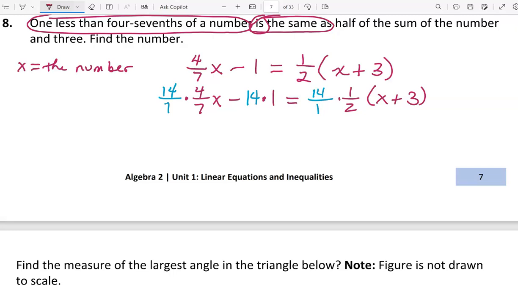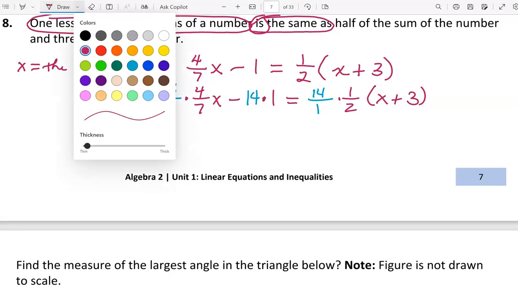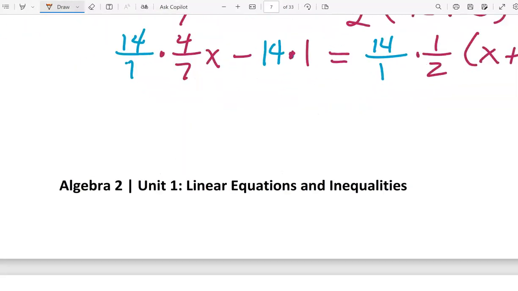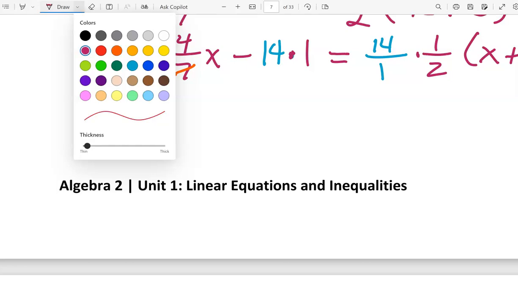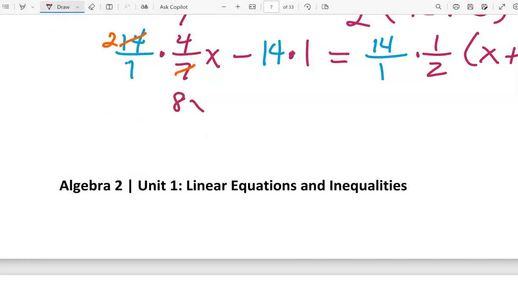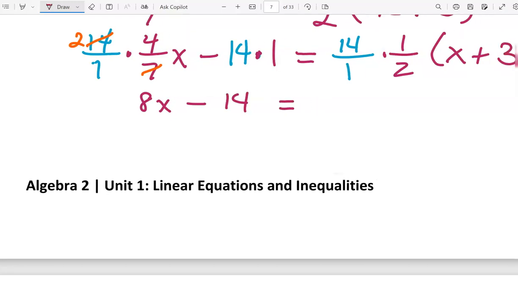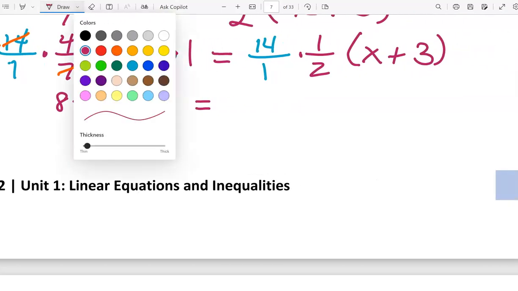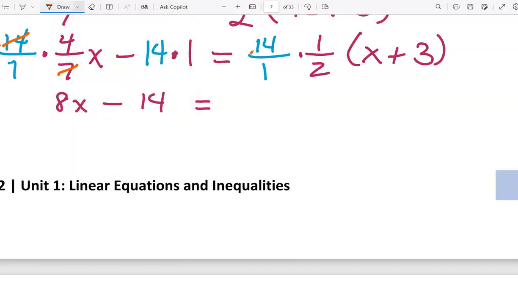All right, on our left side of the equation, we can do some canceling here. 14 divided by 7 is 2. That's going to give us 8x is the result of that multiplication. 14 times 1 is 14. And then on the right side of the equal sign, we can also do some canceling here. 14 divided by 2 is 7.